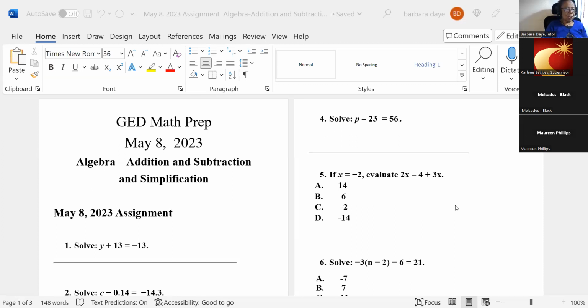Okay, so we're starting with the assignment. Mercedes is reading number 1. Read it again, Mercedes, and then she'll solve it. Solve y plus 13 equal negative 13. Okay. So how would you solve that?